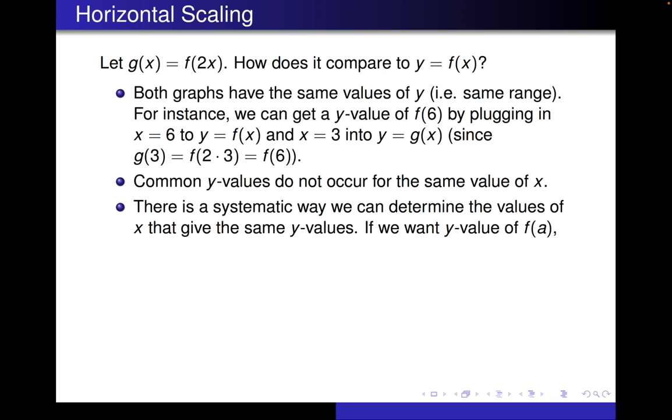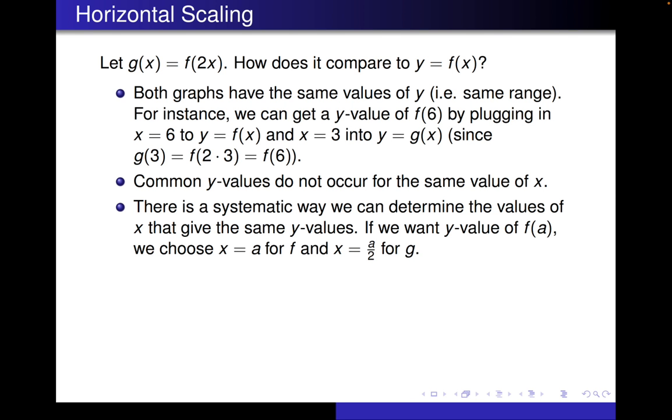So for instance, let's say we want a y value of f of a. Well, in f of x, we just plug in x equals a, right? And that would work, because for f of x, if we plug in x equals a, that gives us f of a. What about for g of x, which remember is f of 2x? How would we get a from that? Well, we'd have to just sort of adjust the x. So when we get the 2x, we'd end up with a.